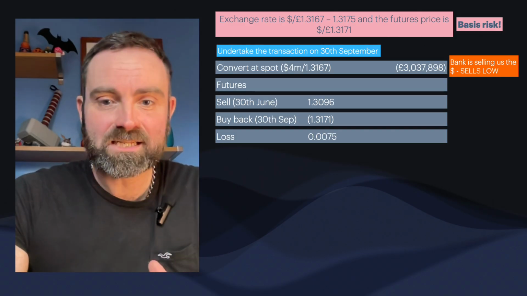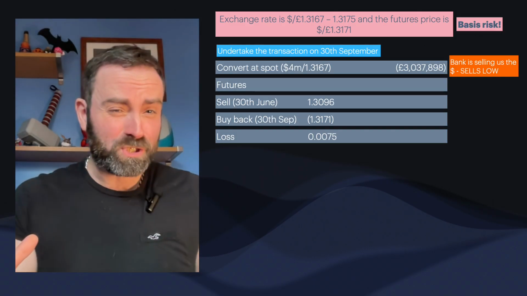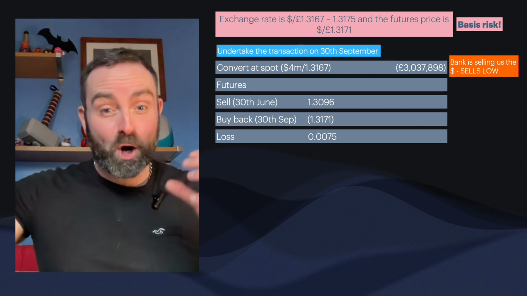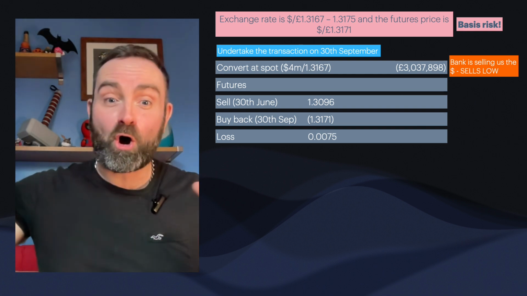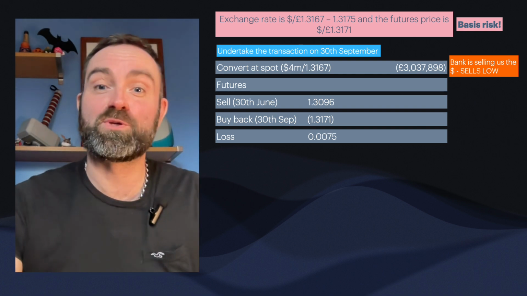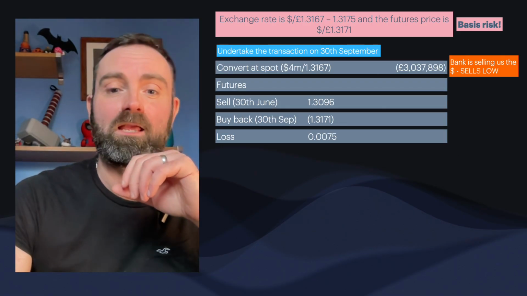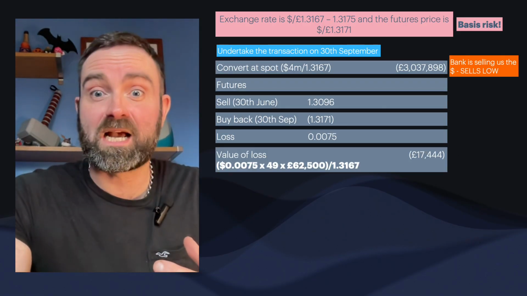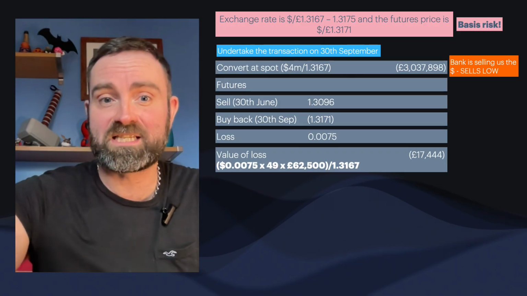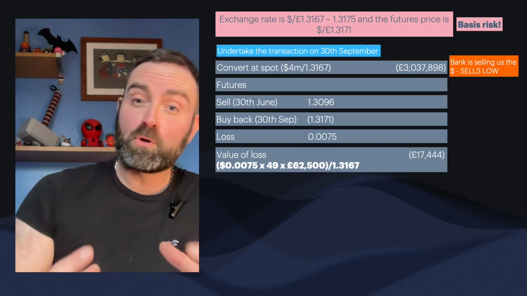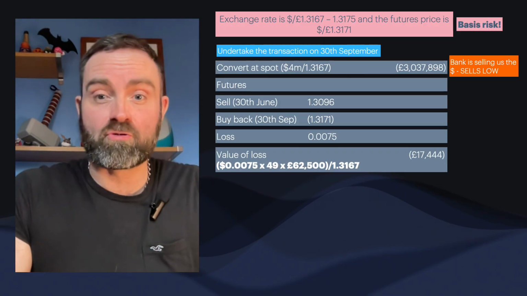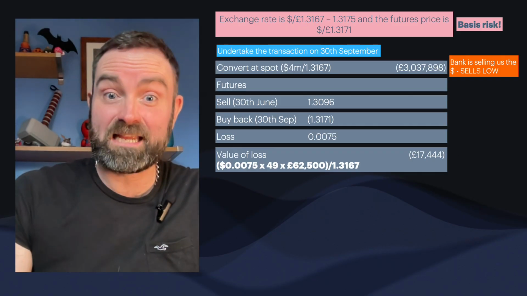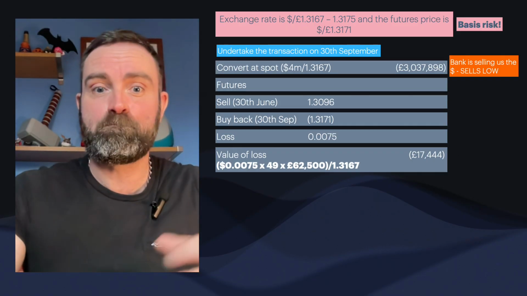Now that's great, but that is per future. We need to figure out what the total loss is that we made on the futures transaction. So we're going to have to multiply this up. And the way that we do that is we take the loss that we just identified, so the $0.0075, and we multiply it by the number of contracts, which we worked out in our planning phase, which is 49.